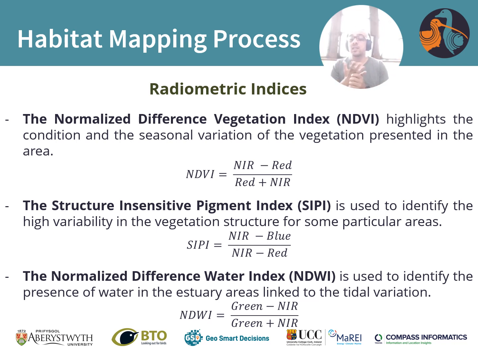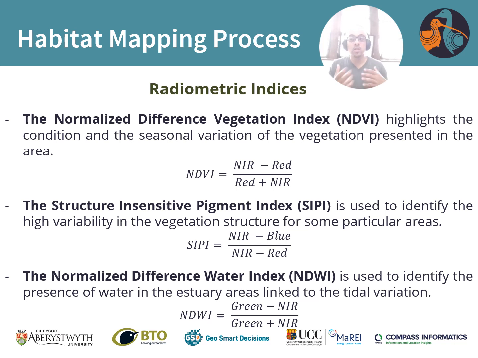The first index, the most widely used in any kind of vegetation analysis, is the Normalized Difference Vegetation Index, which gives us an idea about the condition and the seasonal variation of the vegetation present in the area. We include the structure sensitive pigment index, which gives us an idea about the variability in the vegetation.